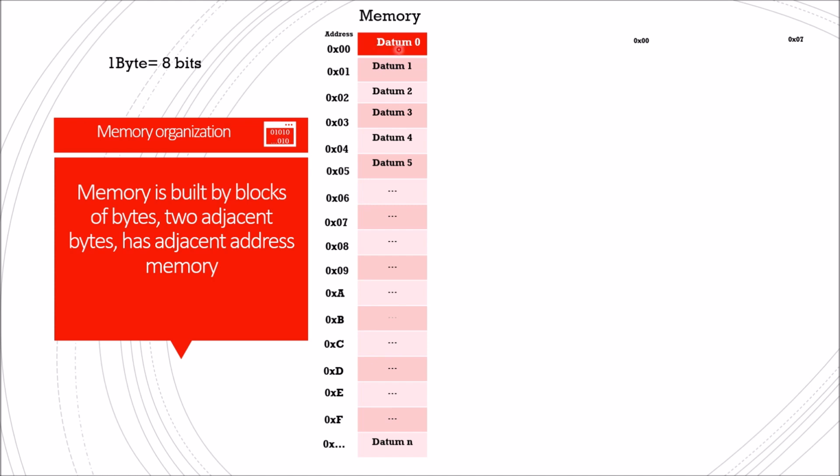As you can see here, the address increments by 1 unit whenever I move forward by a byte. For instance, this is the address 0, so I'm going to move to the next one, which is going to be 1, and I went down 1 byte.